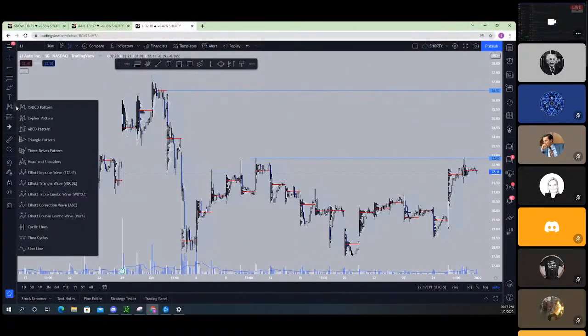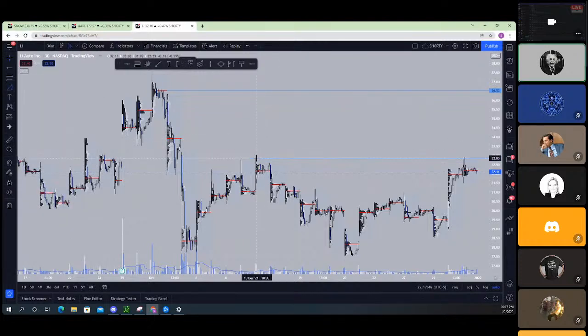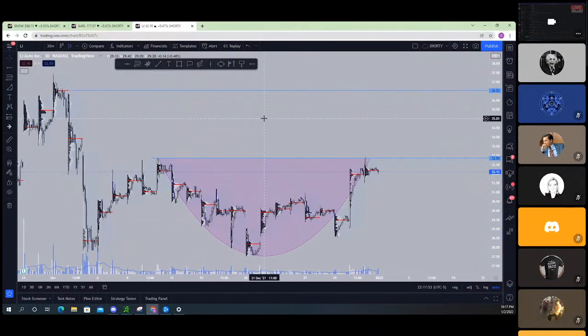Double top? It's not an inverse head and shoulders, is it? No. How about if I give you a clue? Oh, cup and handle. Thanks. Okay, so this is definitely a nice little, if you want to call it rounding bottom or a cup and handle.